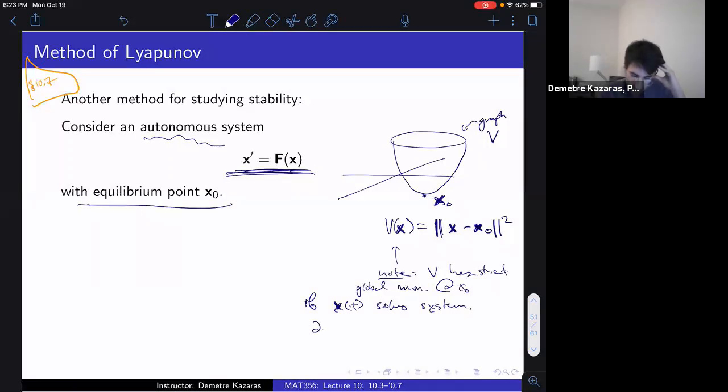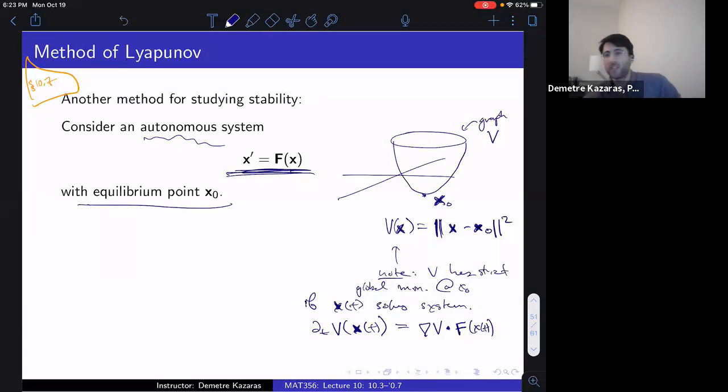Then the derivative of V along the solution curve is equal to the gradient of V dot product x prime, and x prime is f. So this is f of x of t.